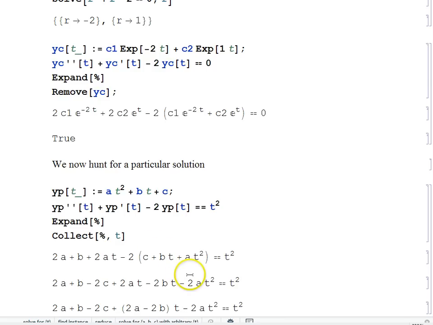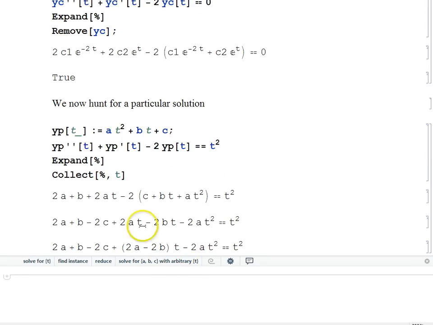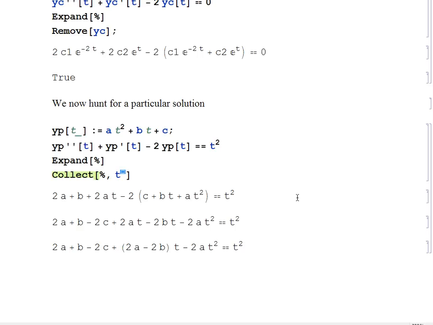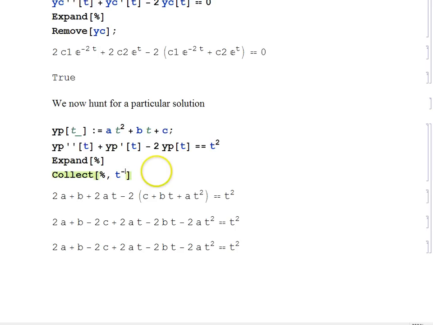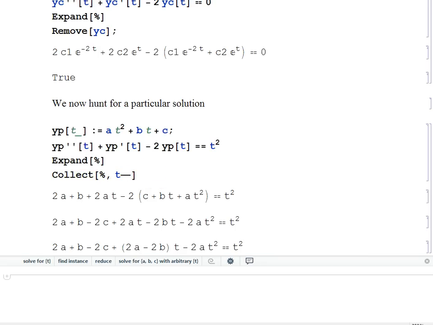And what that does is it goes through and says, okay, everywhere I see, and actually I think I can collect on powers of t by putting a little line there. That's an underscore. Let's see if that works. Nope, that didn't work. Let's see. Yep, that worked. All right.